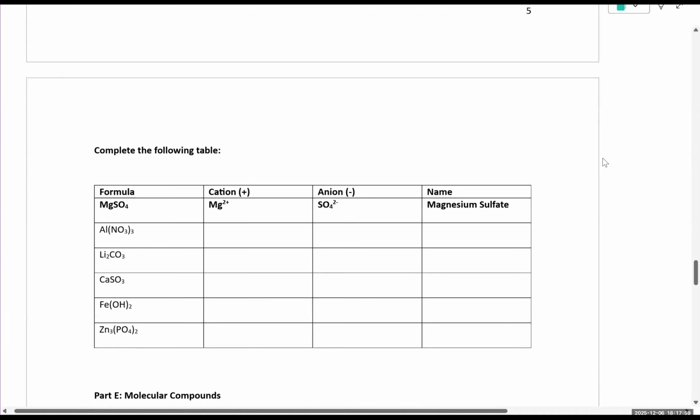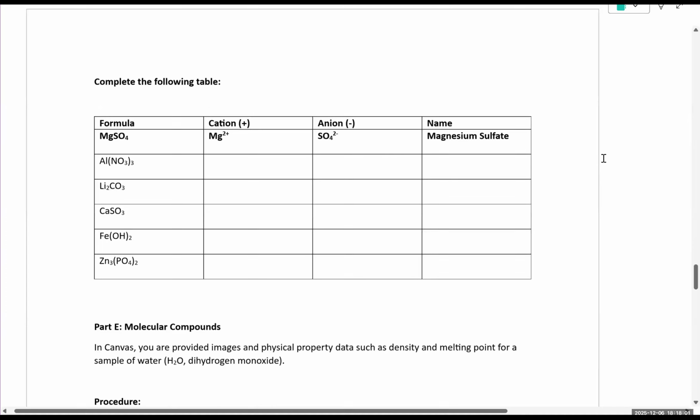Let's look at another example. Here we're asked to complete the following table where we're given the formula and we're asked to write the name of an ionic compound that contains a polyatomic ion. So for example, for MgSO4, magnesium is a 2A element, so we'd expect a predicted charge of 2 plus.